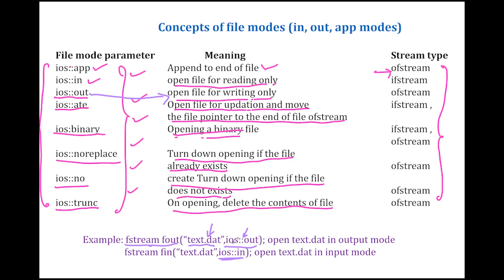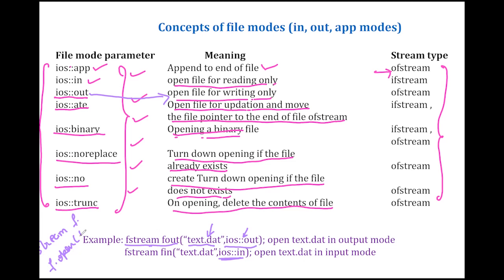Similarly, we can use file open. So for example, you can create an object fstream fout. I will use f.open, and I can have some file name.